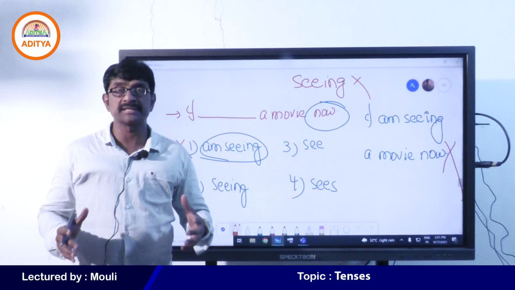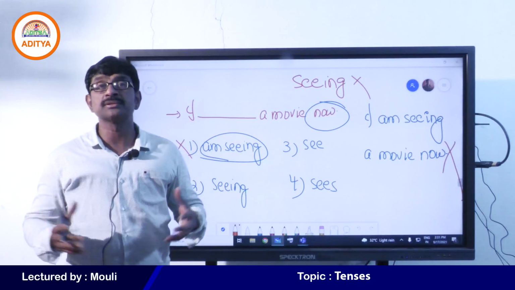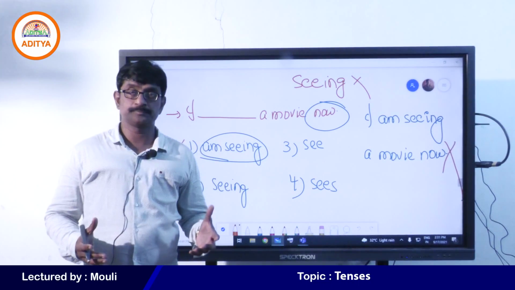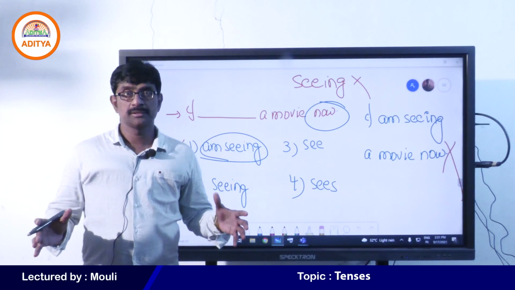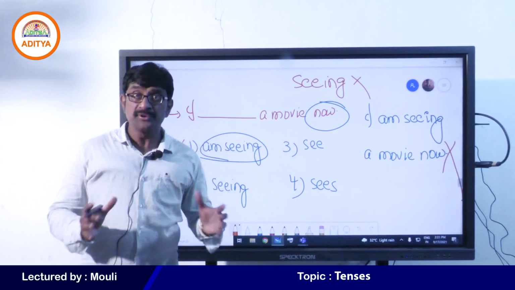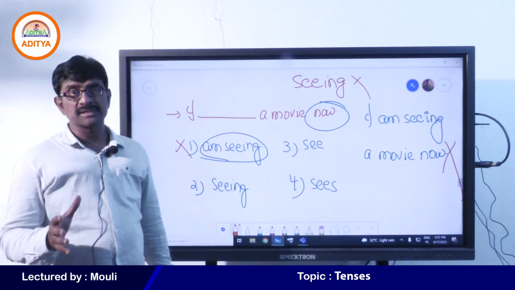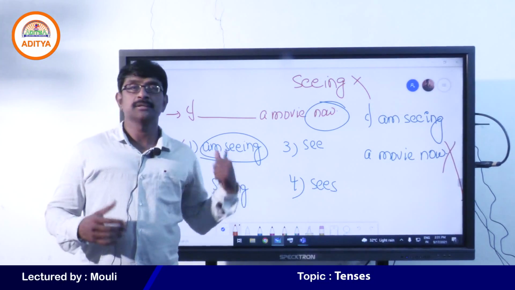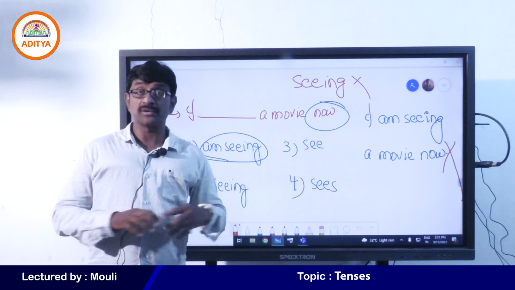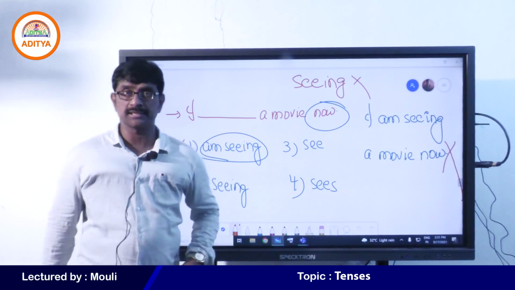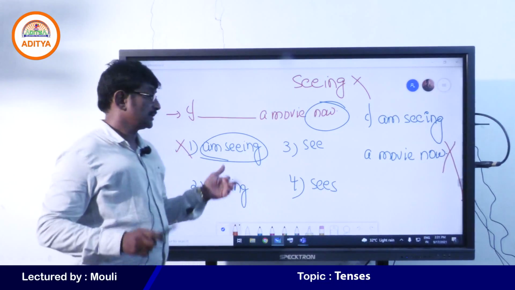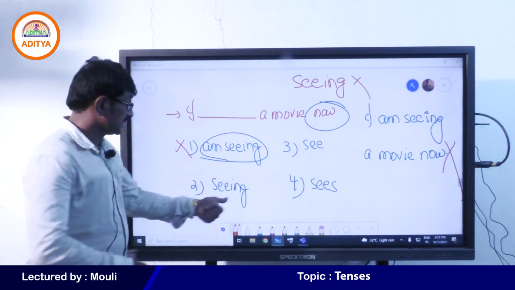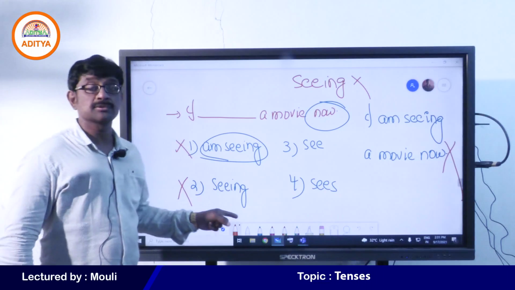In other occasions we can use even seeing, but not in the progressive tense. If you want to use it in progressive tense, there are other ways, not like this. We will discuss those. Seeing is wrong, so I struck it off. At the same time, I strike this one also.